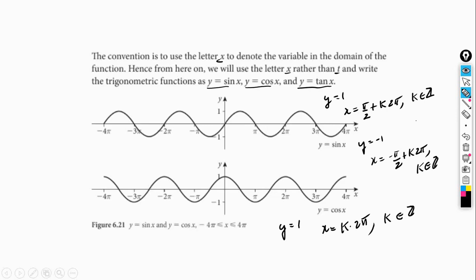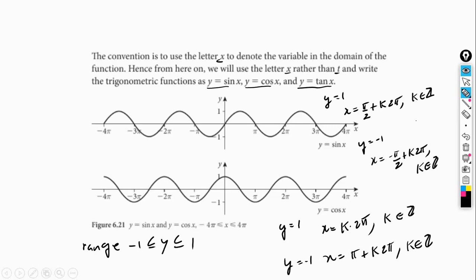And you will see that the minimum for cosine is going to be y equals -1 for every x such that x equals pi plus a multiple of 2 pi. Now this confirms that both functions have a range between -1 and 1. And also, obviously, the domain for both functions is all real numbers.